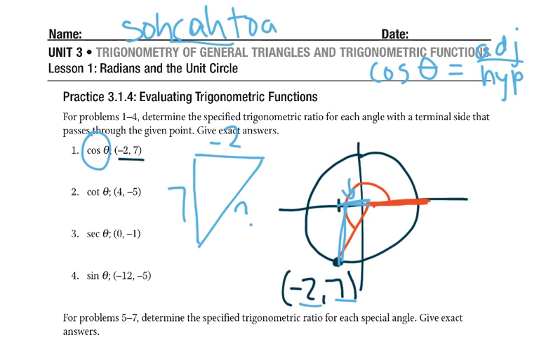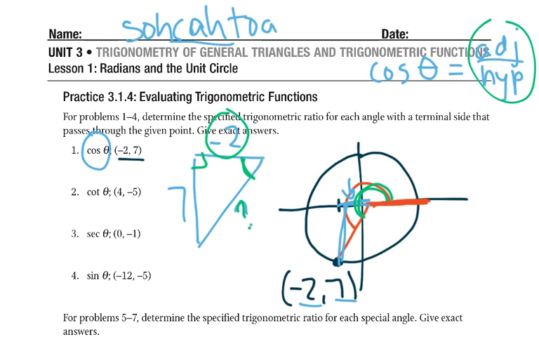So it wants to know what's the adjacent and what's the hypotenuse. So my angle would be this one right here. And so the adjacent would be negative 2. And the hypotenuse is what we need to figure out.